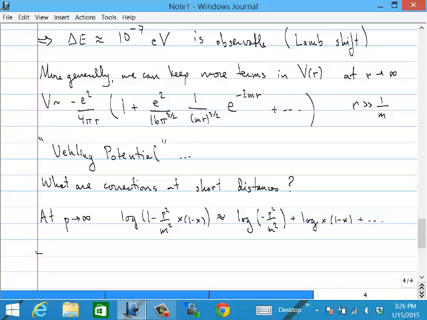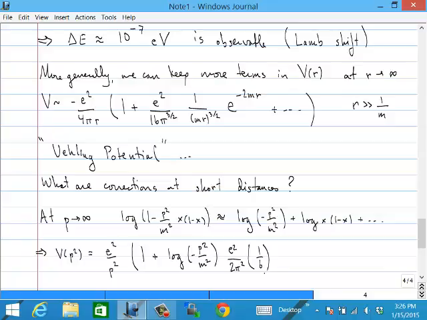So that means that the Coulomb potential then has an e squared over p squared times 1 plus log of minus p squared over m squared, and the coefficient of that log was e squared over 2 pi squared, and then we just had the integral dx of x times 1 minus x, which is 1/6.